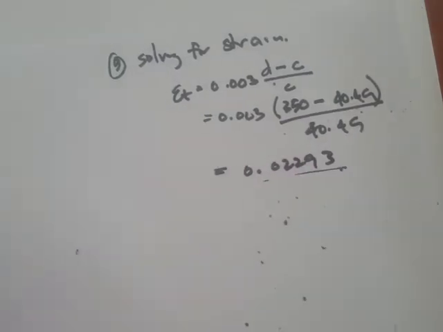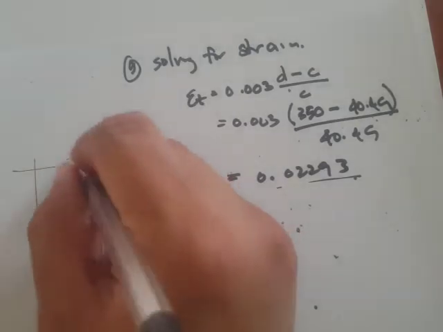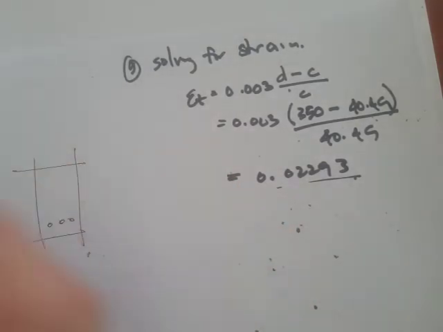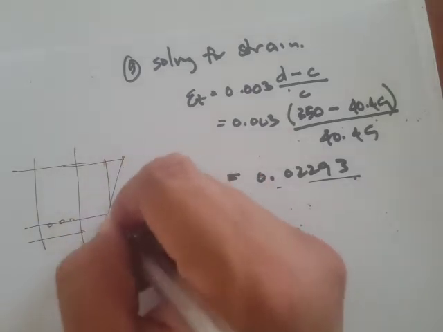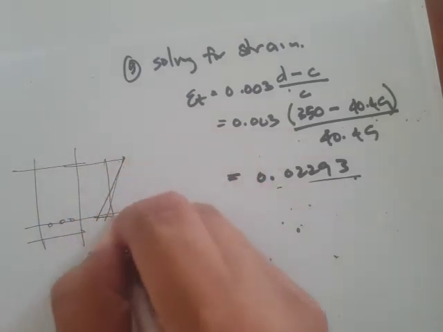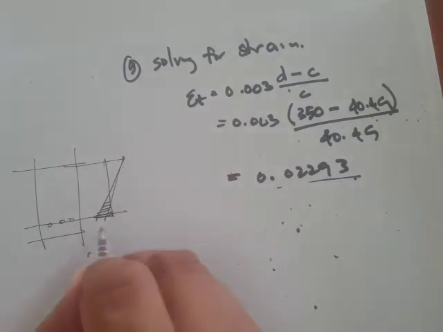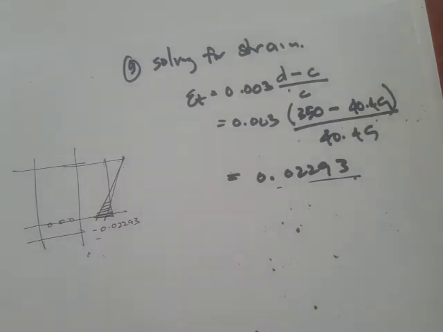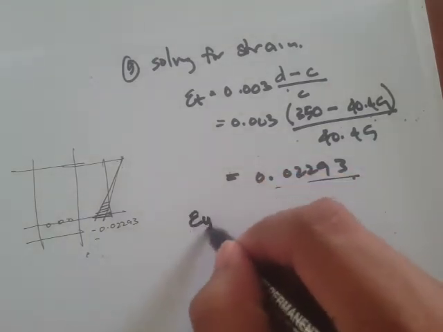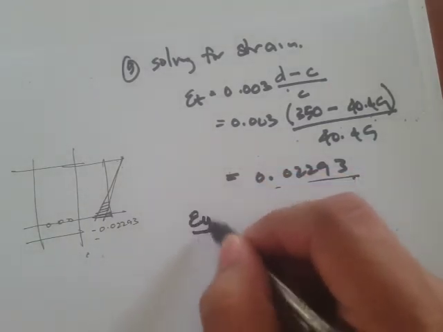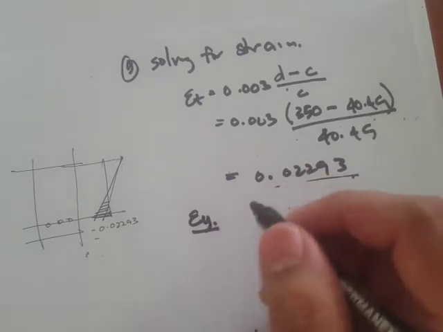It says here that our strain in the tension steel, if we draw it here, something like this, is 0.02293, but we'll have to check our yielding strain, epsilon y.